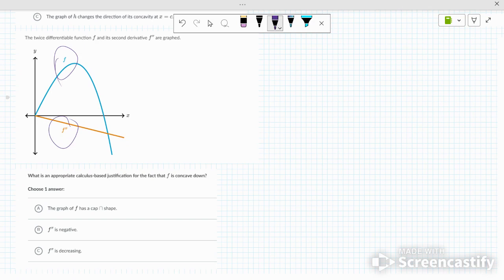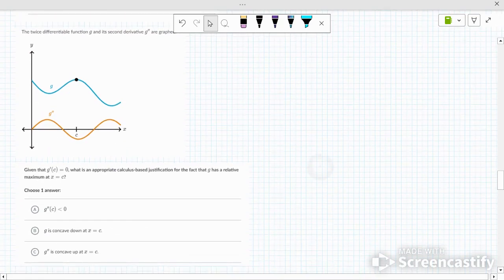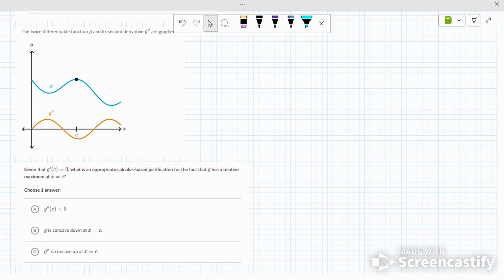Why is this concave down? Because the second derivative is negative. If the second derivative is negative, it has to be concave down. Okay. So, given that the first derivative is 0 at point C, what's the justification that g has a relative minimum at C?